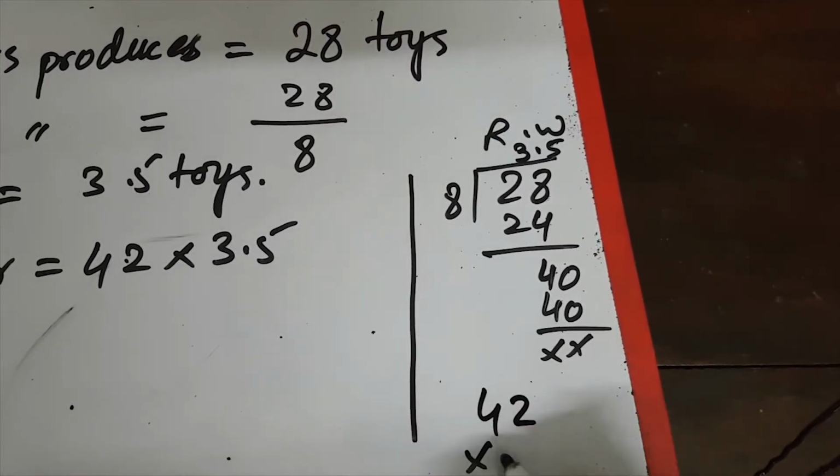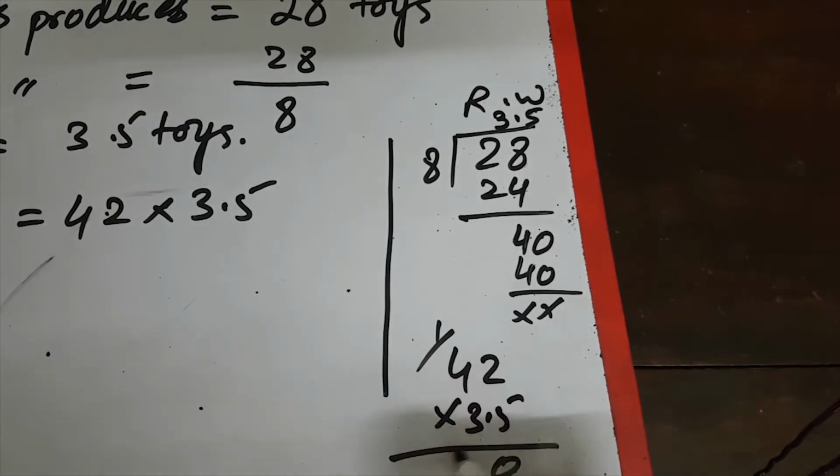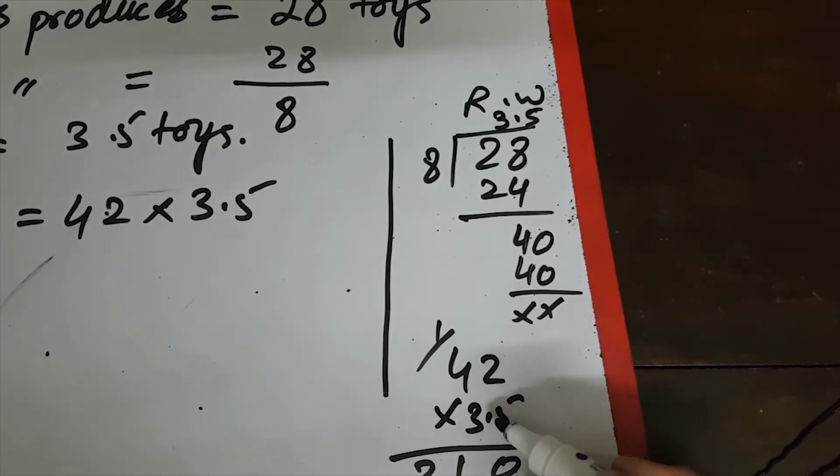Forget about the decimal point and do simple multiplication. 5 2s are 10, 1, 5 4s are 20, 21. Then multiplication of tens, 3 2s are 6, 3 4s are 12. 6, 1 is 7, 4 and 1. So decimal after one digit.